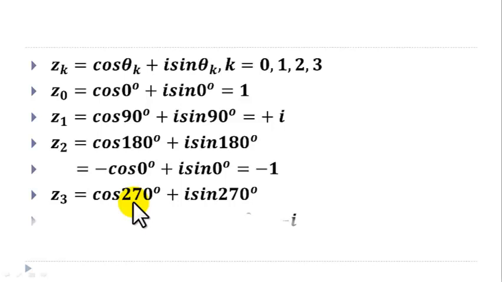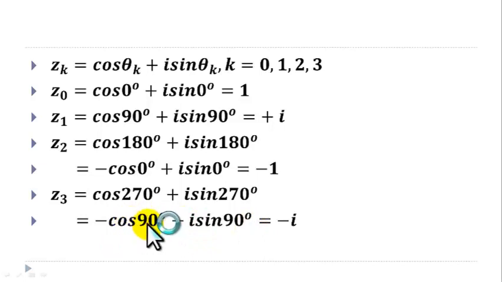So this will give us minus cos 90 degrees minus i sin 90 degrees. Cos 90 degrees is 0, sin 90 degrees is 1. 1 times minus i will give us minus i. So therefore, the fourth roots of unity are z0 equals to 1, z1 equals to plus i, z2 equals to minus 1, and z3 equals to minus i.